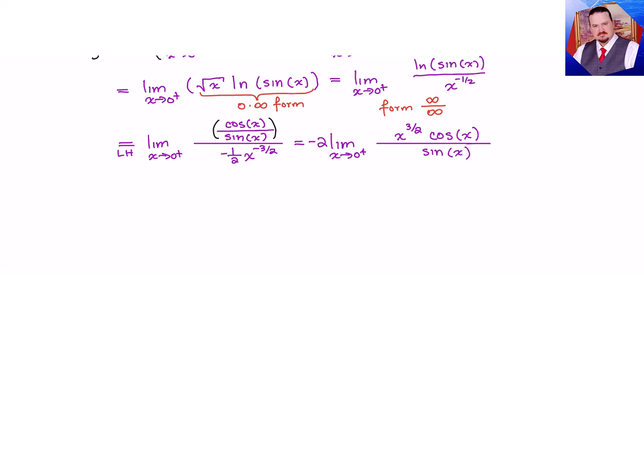Now again, this is 0 over 0 form, which means we can apply L'Hopital's rule again. We don't really want to mess with the product rule here, although it's not a problem. I was going to separate it, but let's go ahead and do it in a slightly more straightforward fashion.